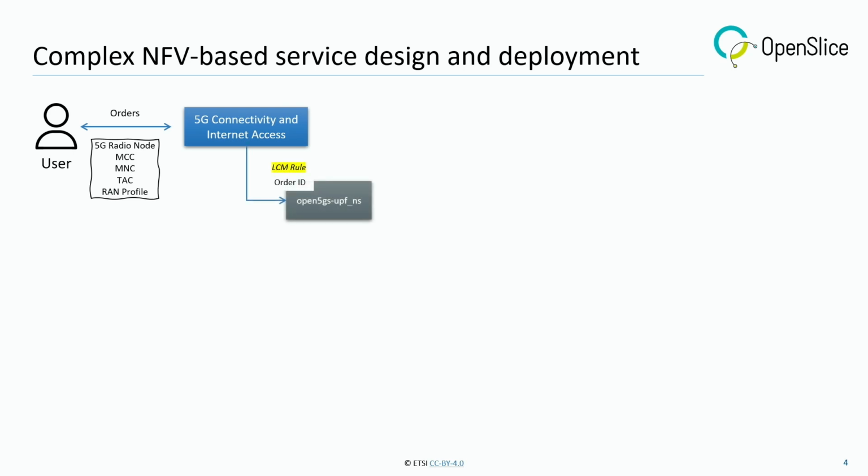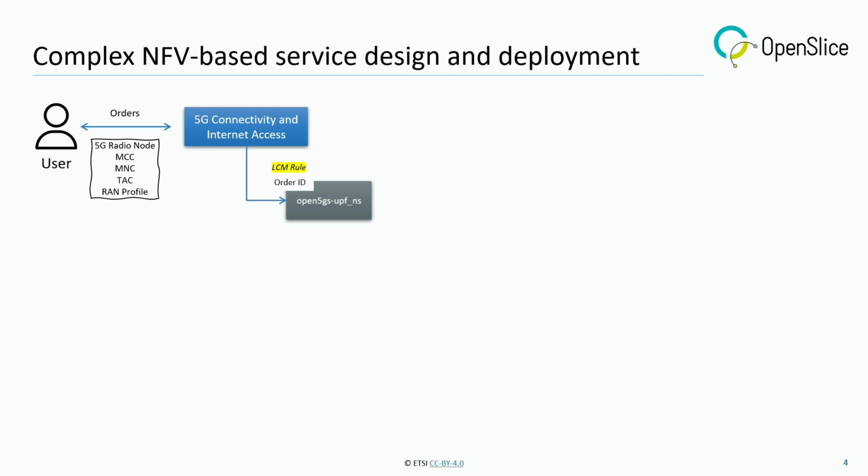So the 5G connectivity service first deployed the UPF network service, injecting a unique order ID into it so as to differentiate it from simultaneously deployed orders. Because, as you may be aware, you couldn't deploy services with the same naming in the same namespaces in Kubernetes.